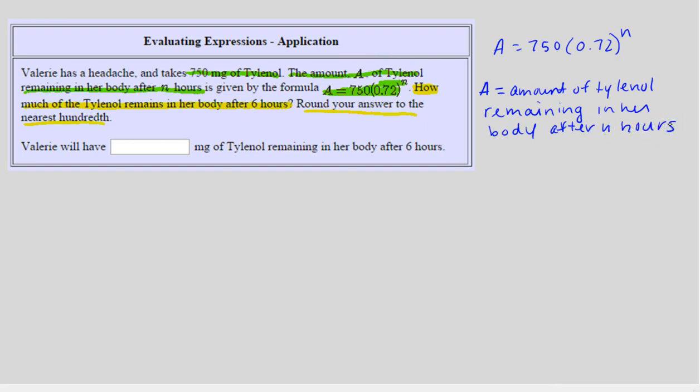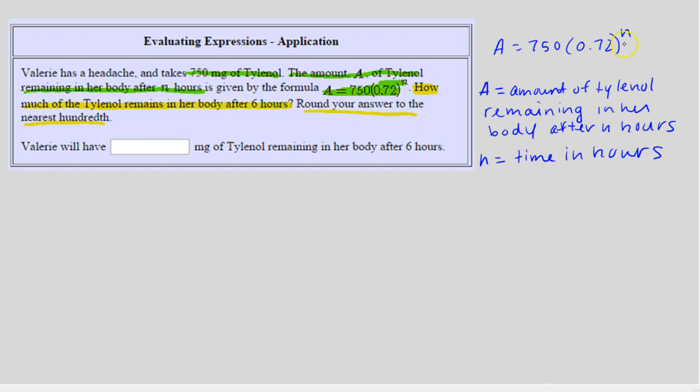So that means if we put in a number n, which is measured in hours, it will tell us how much Tylenol is remaining of the 750 at that amount of time. And let's just write that n equals time in hours.